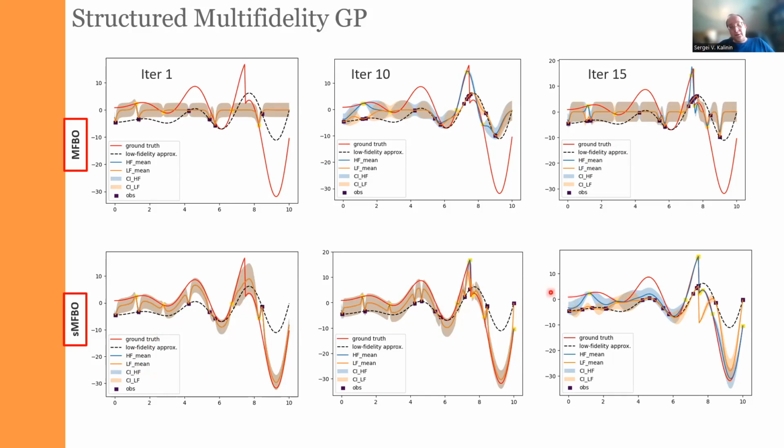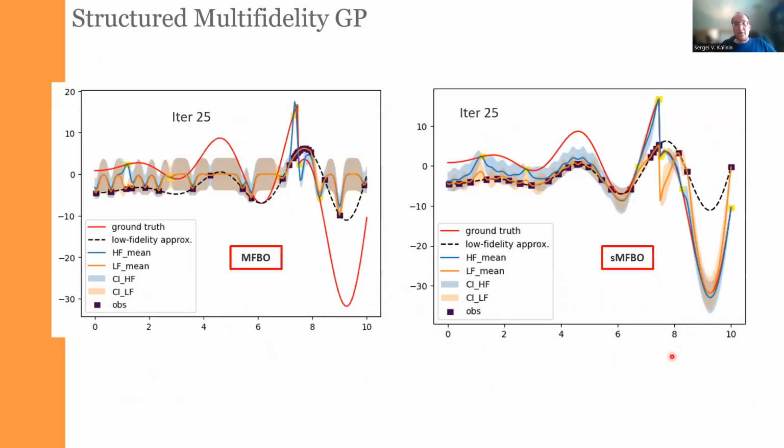And this is the same type of process with the structured multi-fidelity model. You can see that in this case, the dynamic is more complicated, but basically we discover the jump precisely as we expected to. That's exactly what a structured model allows us to do. And this is the comparison in the end. So compare the exploration pathway in this case and in this case.